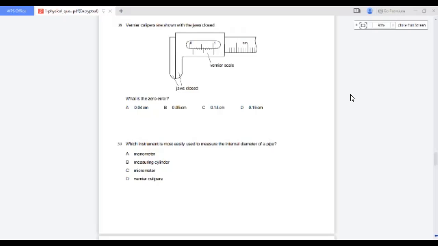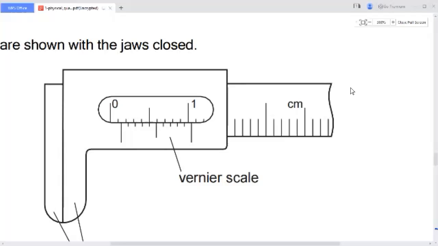So number 38. When the jaws of the Vernier calipers are closed, you can see the zero of the main scale and the zero of the Vernier scale are not parallel to each other. There is a difference between main scale 0 and Vernier scale 0. So we know how to find the zero error.